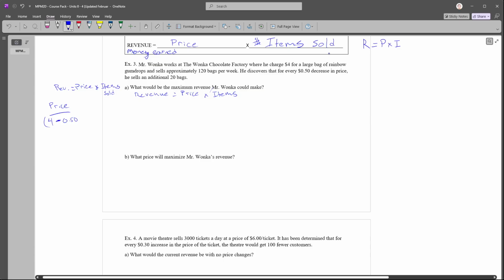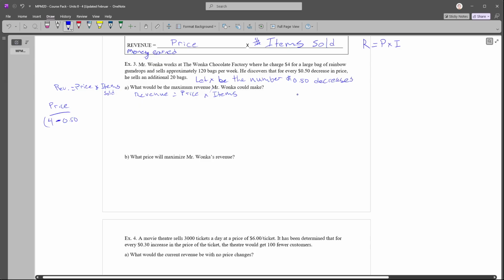However, we do 50 cents many times. How many times? However many times we need. Oh, that's an unknown value. That's our first step, ladies and gentlemen. Our first step needs to be our let statement. So let's let x be the number of price reductions, of, let's say, 50 cent reductions, 50 cent decreases.